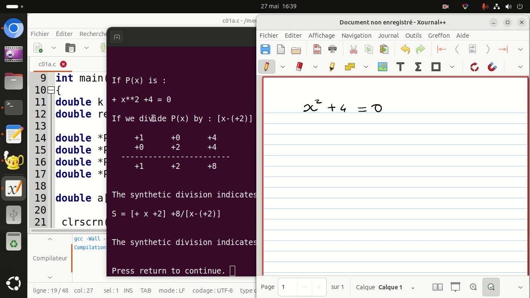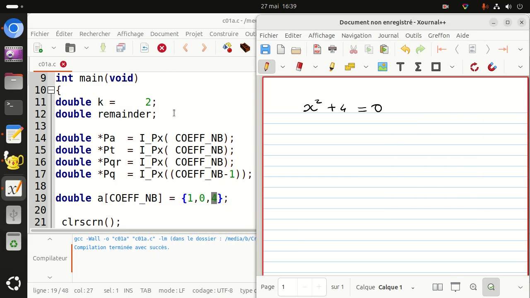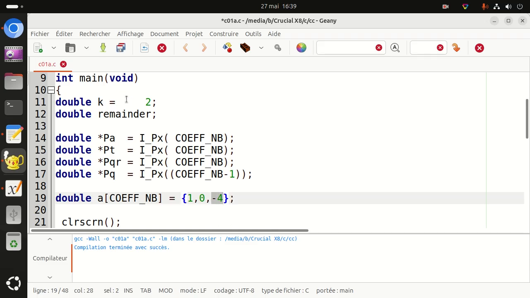Now I want to change this polynomial. Instead, the first coefficient is 1, the second coefficient is 0, and the third coefficient is minus 4.